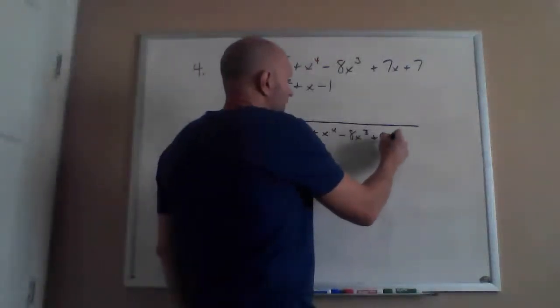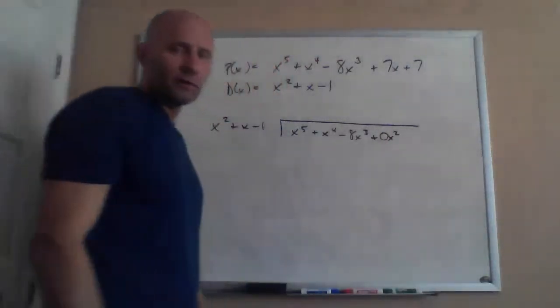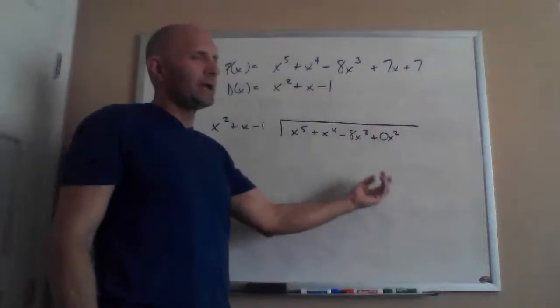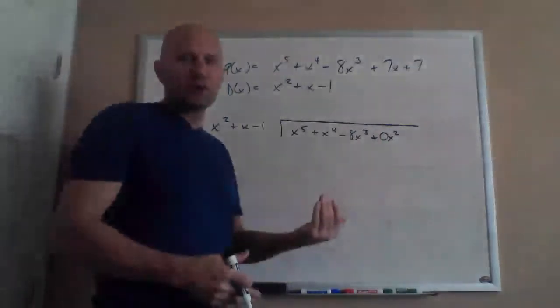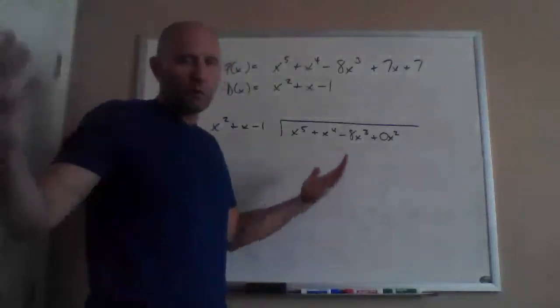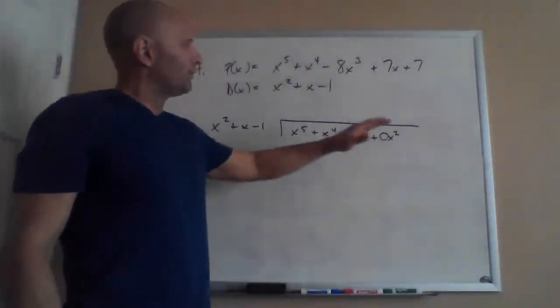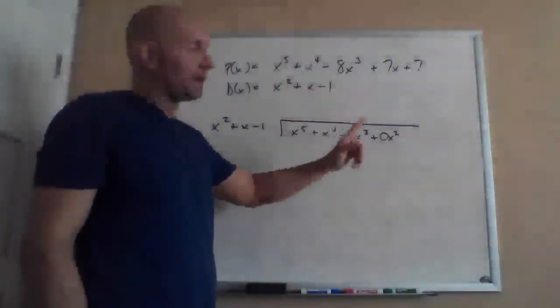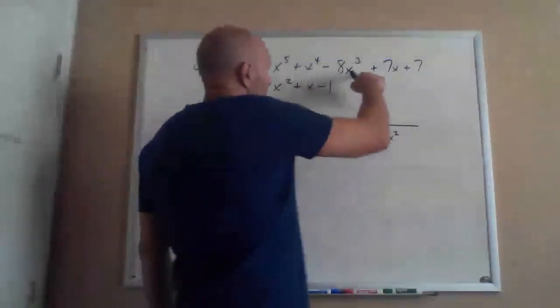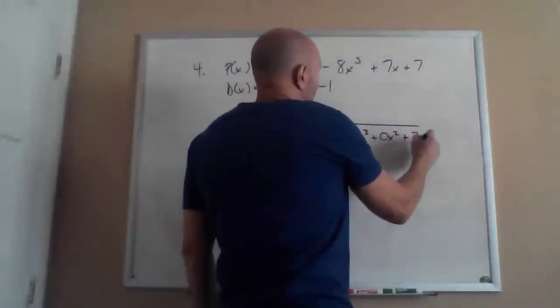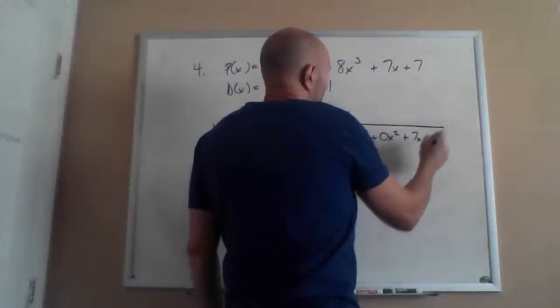So in this case, 0x squared. If I don't, I'm going to end up with an x squared term later on in the problem, and it doesn't match up with anything. Now it's like, okay, what am I supposed to do here? Especially for synthetic as well, you have to put that placeholder in. So 0x squared plus 7x plus 7.